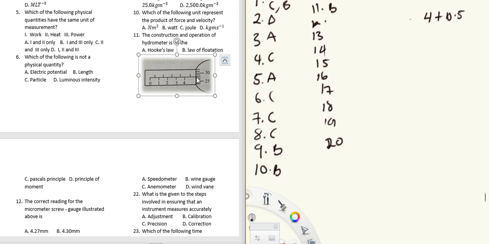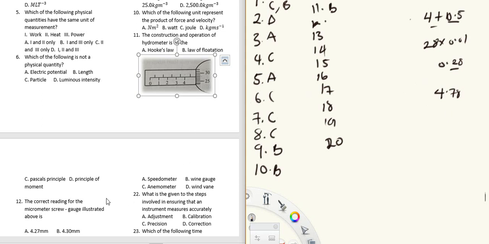Actually 28 is coinciding very well, so we choose 28. So the thimble scale is 28 times the least count on the instrument, which is 0.01. When we multiply this, we obtain 0.28. When we add everything together, our answer is going to be 4.78. Let's look into the options whether we have it.